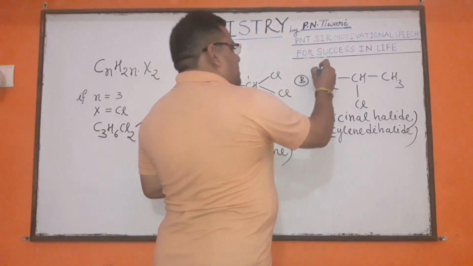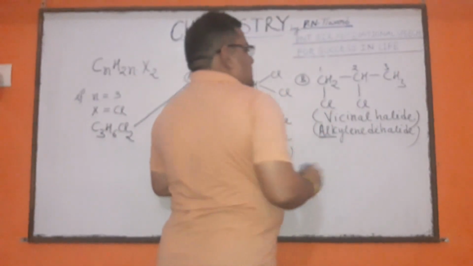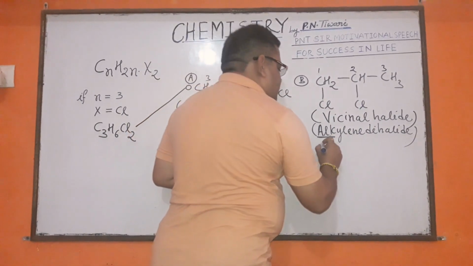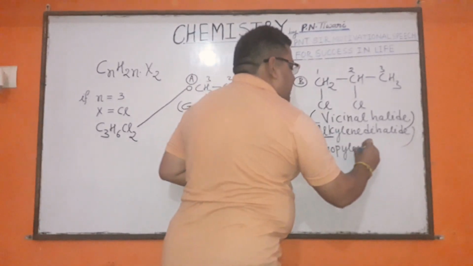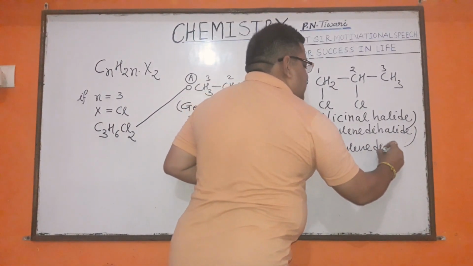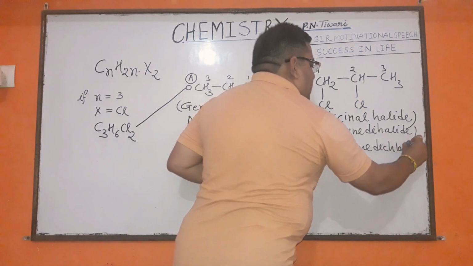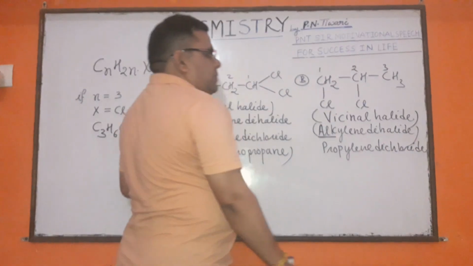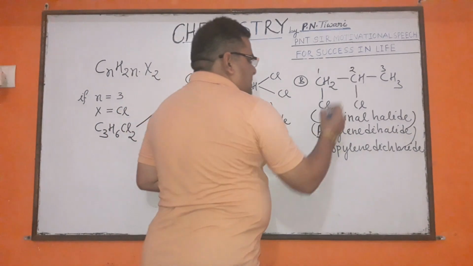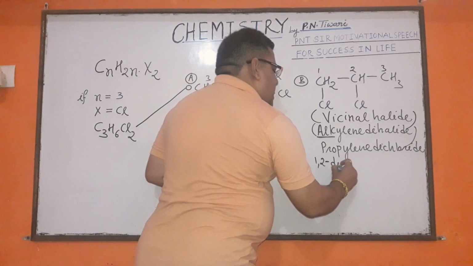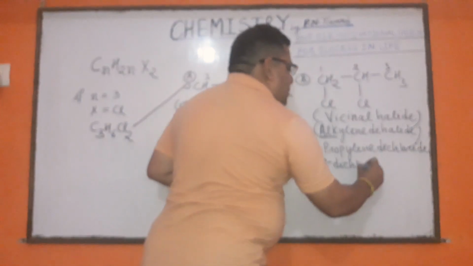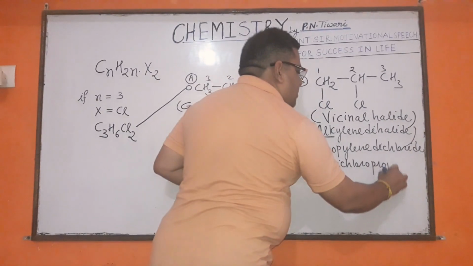So what is the word root in this organic compound? Since it has 3 carbon, therefore the word root is prop. Hence commonly it is called propylene dichloride. And what will be its IUPAC name? Its IUPAC name can be written as 1,2-dichloropropane.